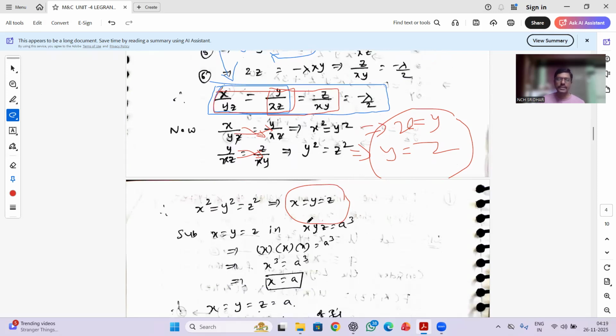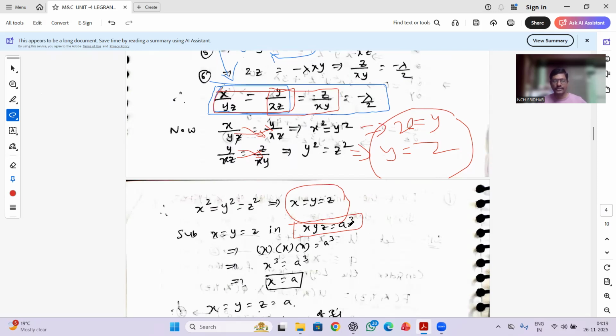Now from this we need to find the values of x, y, z in terms of constants. In terms of constants means we must use the condition. What is our condition given? xyz is equal to a cube. Always one function and one condition is given to us in the problem. Using that condition we can find the values of x, y, z.